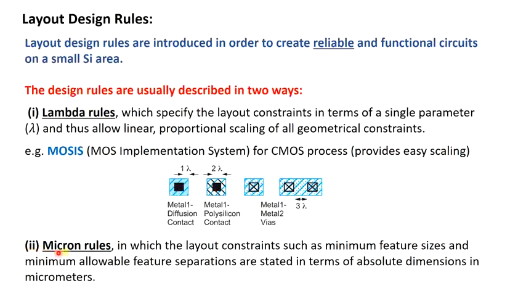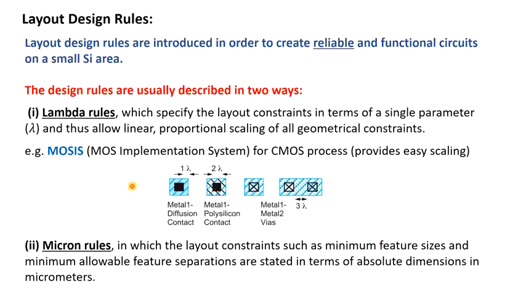On the contrary, for micron rules, all the device features are stated in absolute dimensions, given in units of micrometers. So suppose for the same contact, if you have to use the micron rule, then instead of using 1 lambda, you need to use probably 1 micron for some technology node, maybe 0.8 or 0.7 micrometer for another technology node, like that.